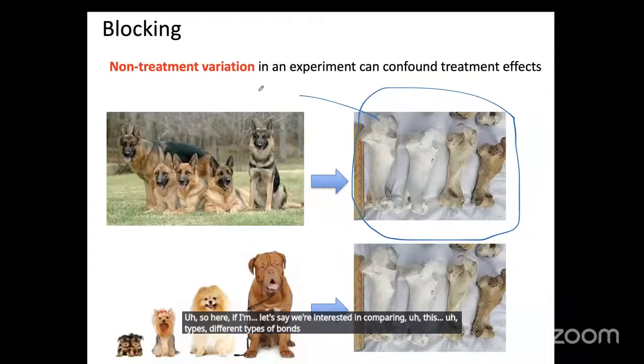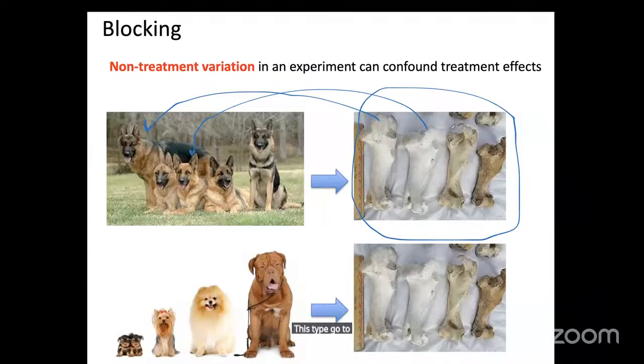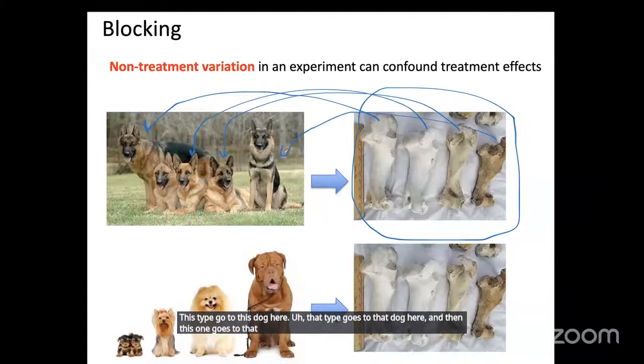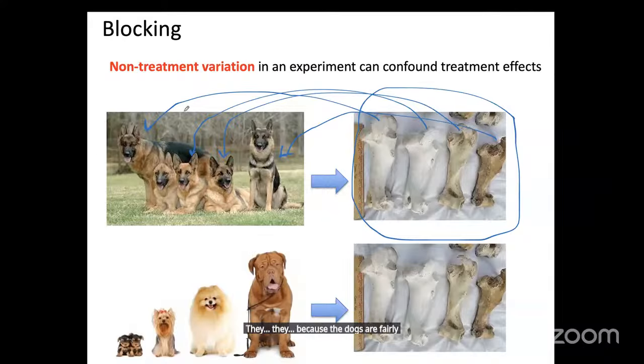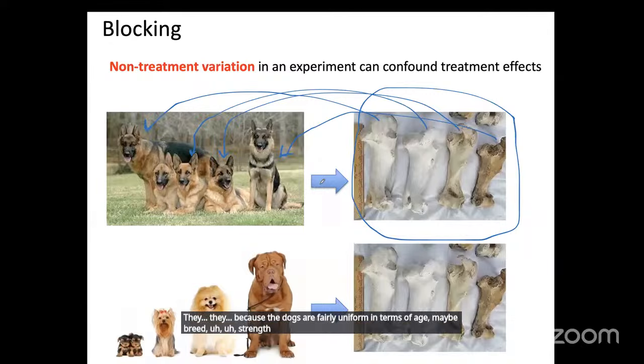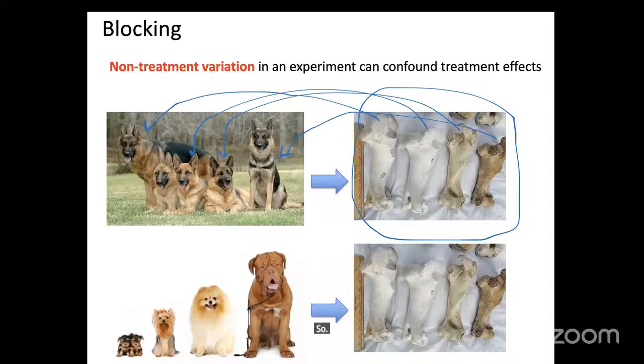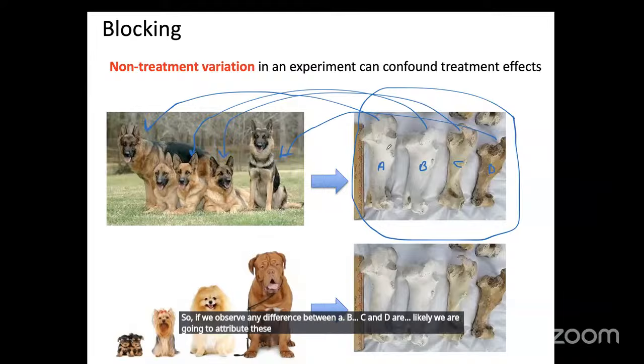Now, if we let this type go to this dog here, this type go to this dog here, that type go to that dog here, and this one go to that dog here, then because the dogs are fairly uniform in terms of age, maybe breed, strength, and health, if we observe any difference between A, B, C, and D, we are likely going to attribute these differences to the nature of the bones, but not to the differences between the dogs.